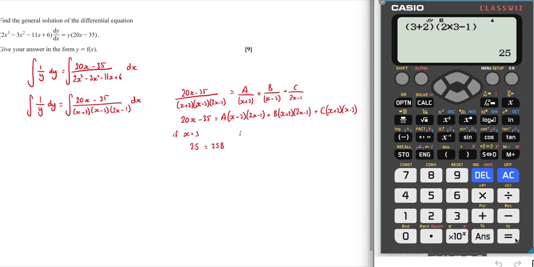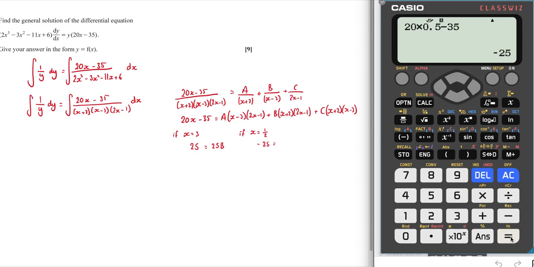I'm going to say then if x is, let's go with a half, that other solution we found earlier. So my left-hand side is going to be 20 times a half, take 35, that's minus 25.